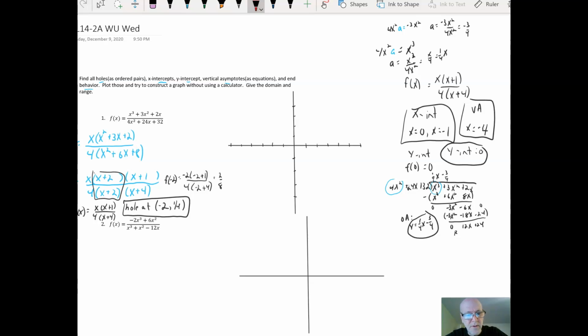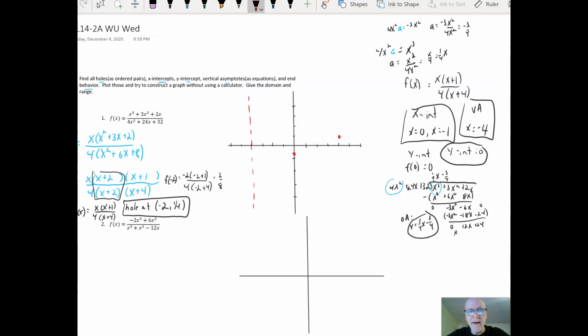So my vertical asymptote is here, and my oblique asymptote has a y-intercept of negative 3/4, so right about there, and then a slope that goes up 1 and over 4. So it's going to go up 1 and over 4, 1, 2, 3, 4, so it's right there.